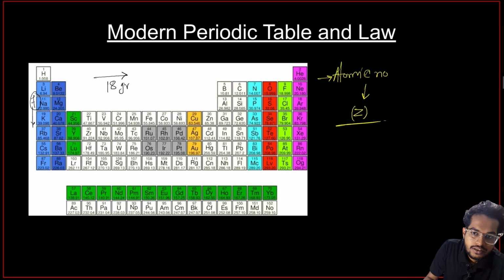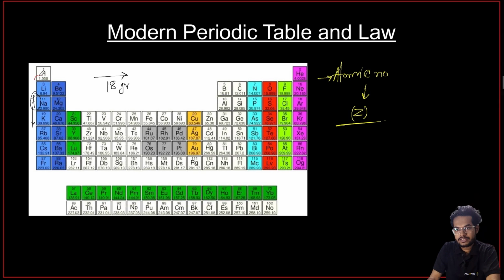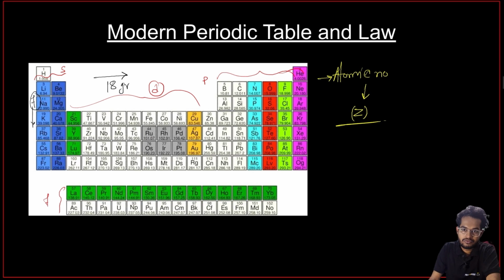Now, let me give you a brief of how this periodic table looks. This is your S block, this is your D block, this is your P block, and this is your F block. Sorry, the P block includes this one too. My bad. These are the S, P, D, and F blocks.